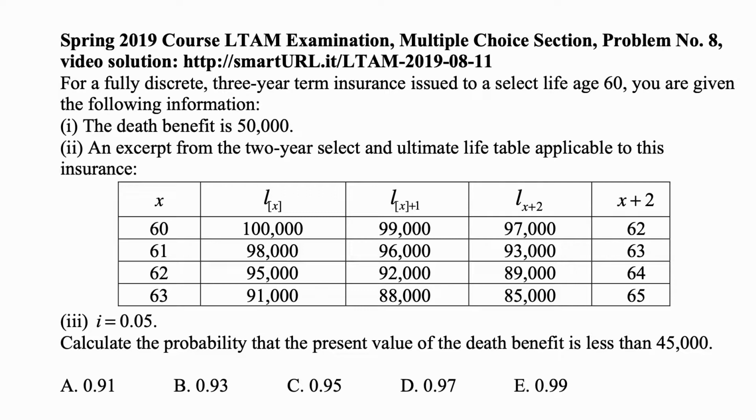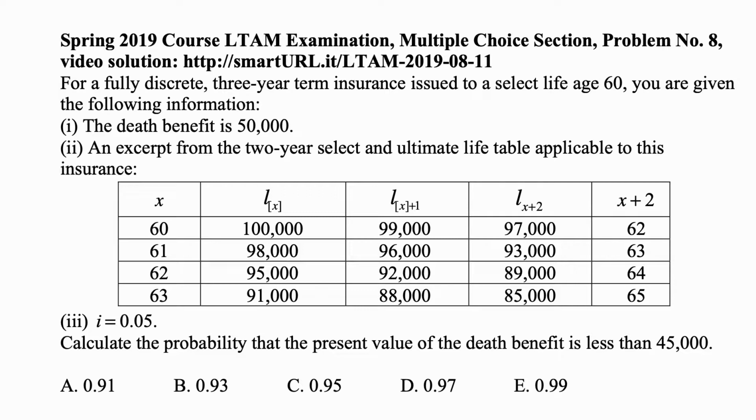An excerpt from the 2-year select and ultimate life table applicable to this insurance has the ages 60, 61, 62, 63, the population size of the select population, then the population size 1 year later, L[x]+1.